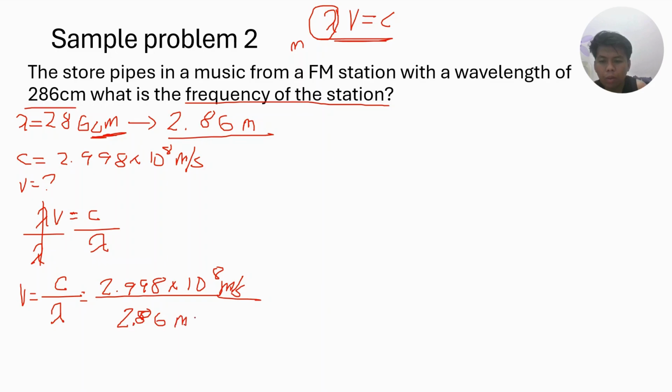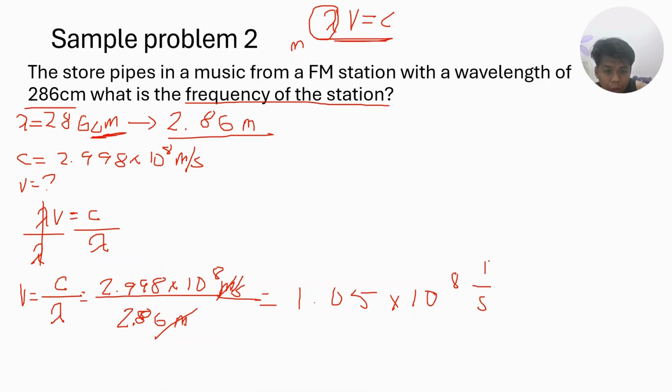The meters cancel out. Plug this into your calculator. You now have the answer of 1.05 times 10 to the power of 8, 1 all over s.